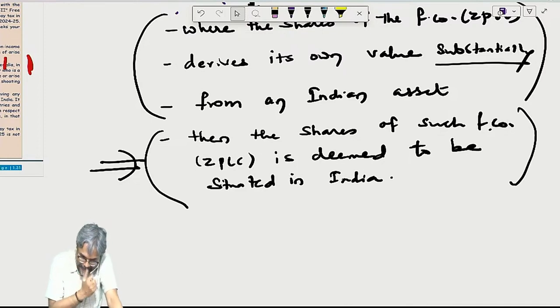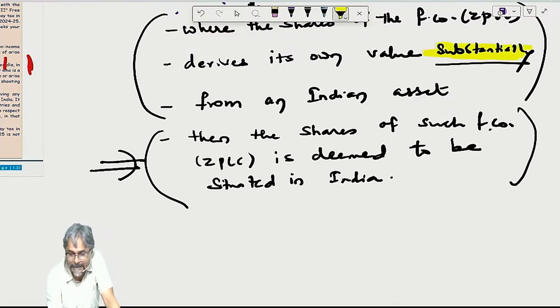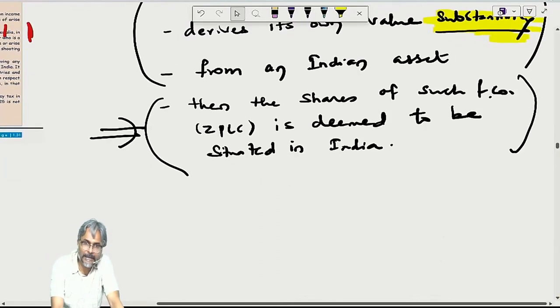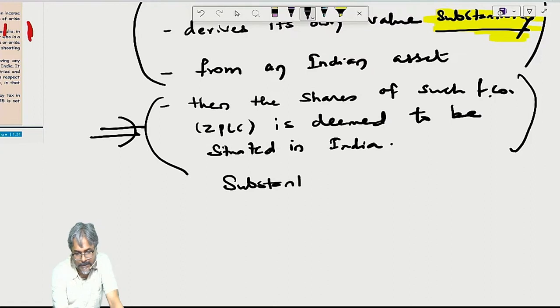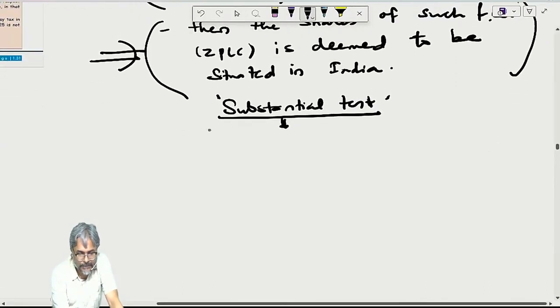Every one of you. Now the main issue, students, is this. The substantial test. Do you all agree? Now what is this substantial test, students? In this situation, there are two things. Be careful, students.